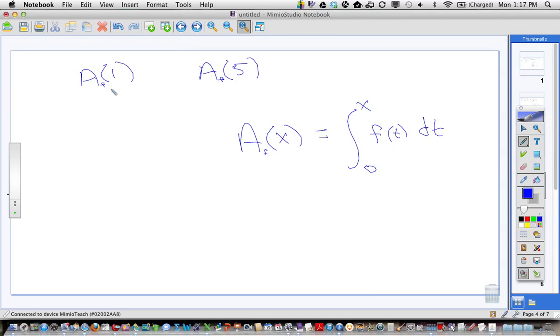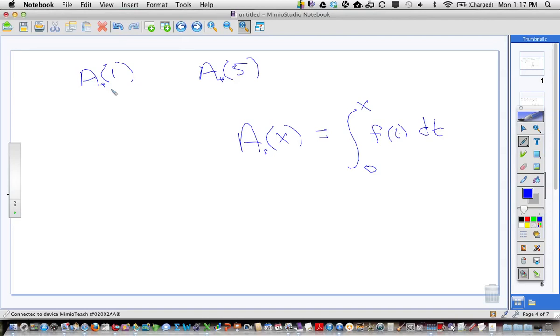What's increasing? The A graph. Why is the A graph increasing? Because little f is positive, right? Since the blue graph is above the x-axis, it's positive. That means the slopes of A are positive. So that means A is increasing from 1 to 5. So the big A graph's going up. So A of 5 has to be bigger than A of 1. That's how we would have answered that earlier.